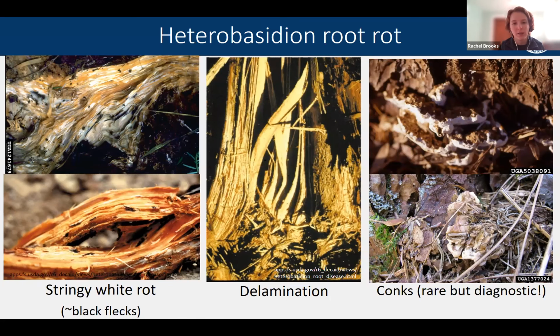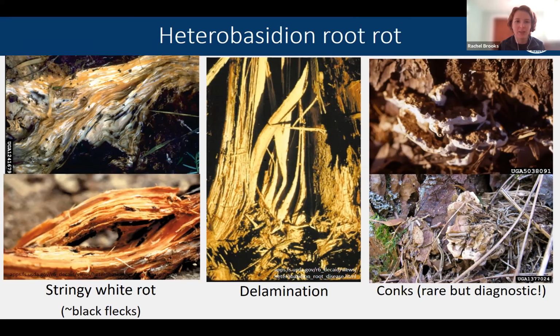I find that really hard to see in the field, so it's nothing I completely focus on unless I get the most perfect specimen. But you'll find that in the descriptions of how to ID Heterobasidion. And then lastly, you might come across these conks that tend to be rare and difficult to find, but if you find them and you're confident with your conk ID, it can help with identification.